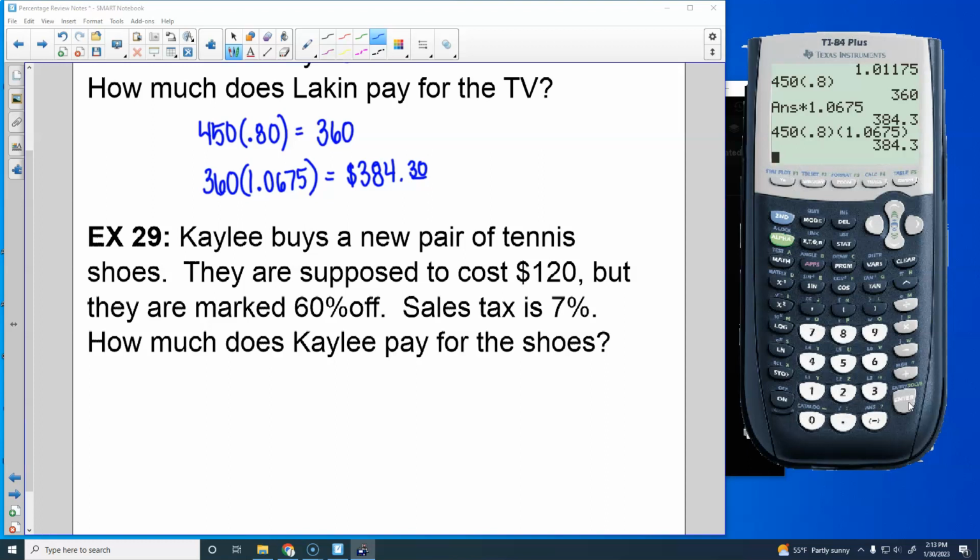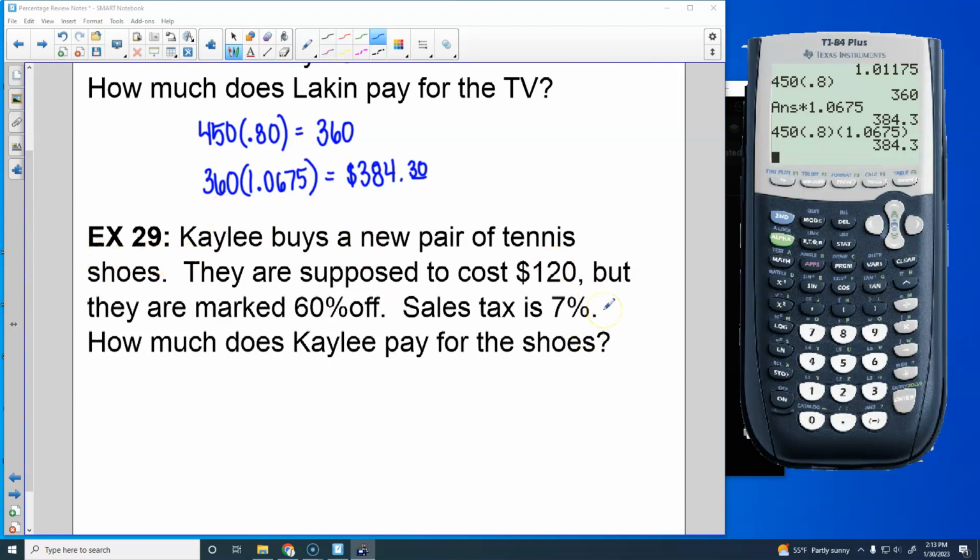So the order really does not matter. Although, like on your receipt, you're going to do discounts before you do sales tax. If your discounts are different, so if you have 2 items, and this shirt is 20% off, and these pants are 40% off, you got to figure your discounts first before you do sales tax because they're not the same price. But for the most part, it really doesn't matter.